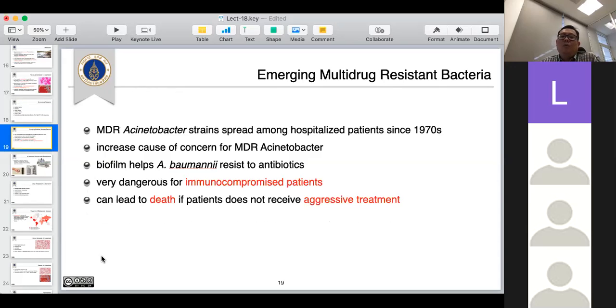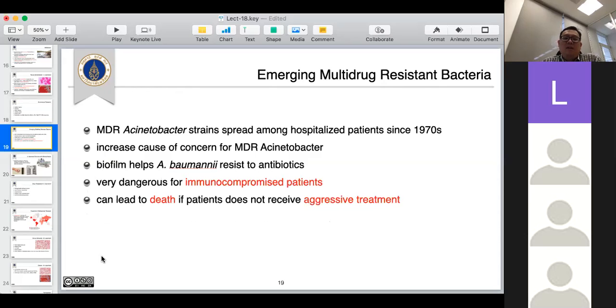So for A. baumannii, now we have MDR Acinetobacter strains spreading in hospitals since 1970. So this is like half a century that we know A. baumannii is very serious, and the serious cases increase every year.